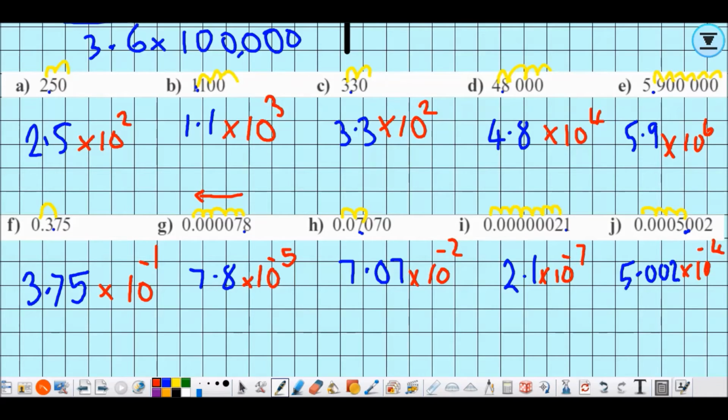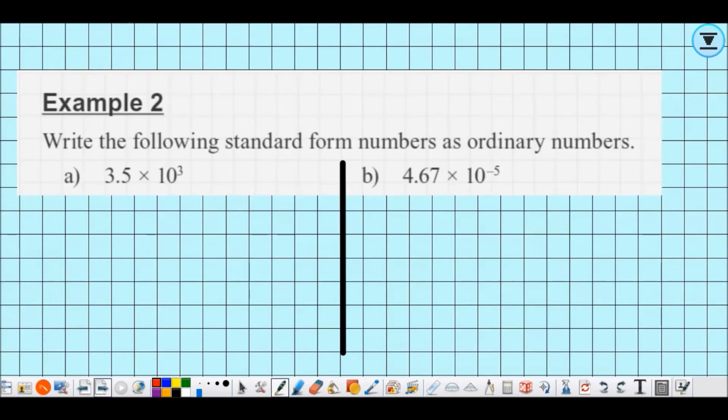Okay, so that's converting between normal numbers into standard form, both with positive and negative power values. Let's look at doing the other way around. We've got standard form and we're going to convert it into ordinary numbers. So before we get started, I'm going to look at this and I'm going to say this is 3.5.